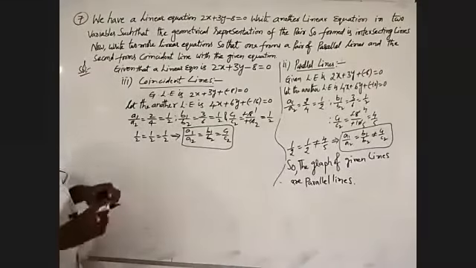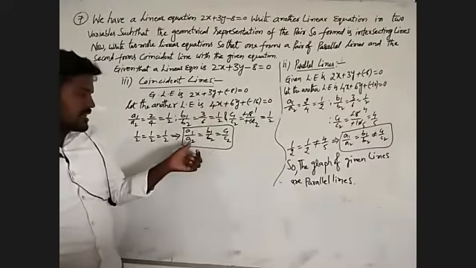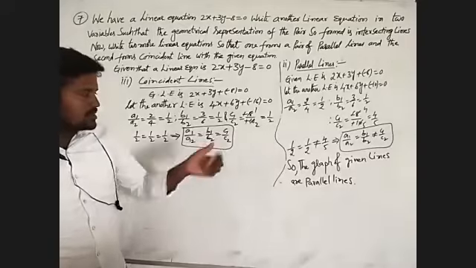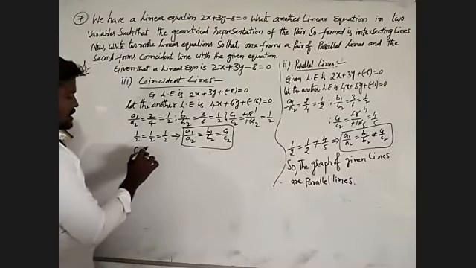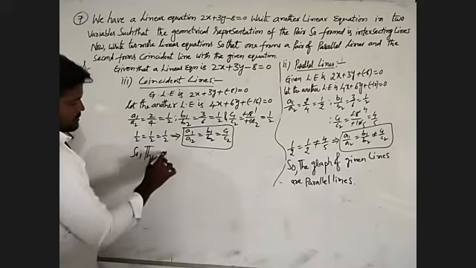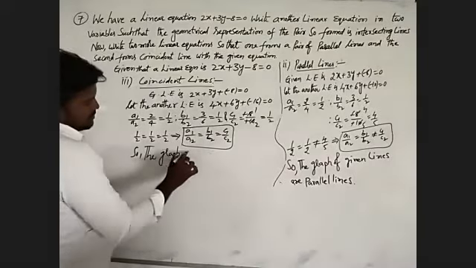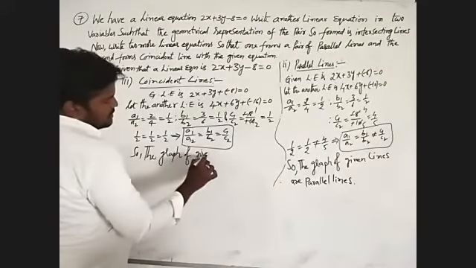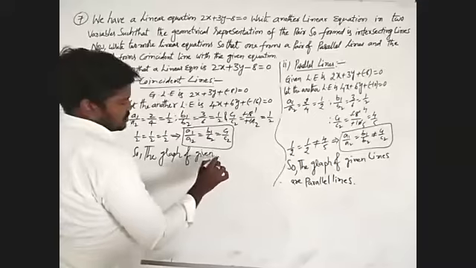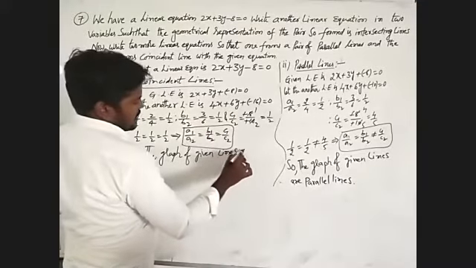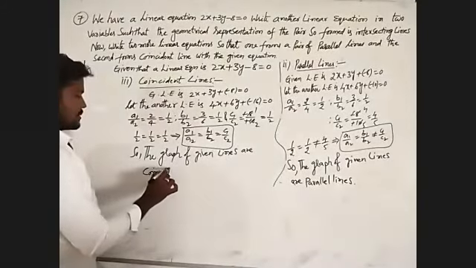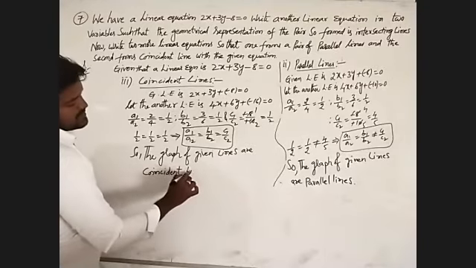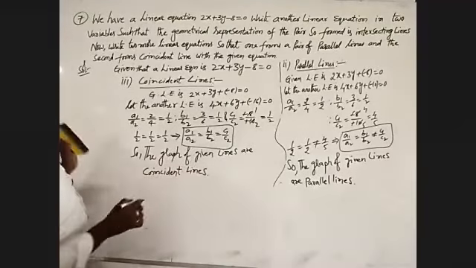Yesterday I told that when the condition a1 by a2 is equal to b1 by b2 is equal to c1 by c2 is satisfied, the graph of the given pair of linear equations in two variables, or the given lines, are coincident lines. Coincident lines. That is asked in the given problem.